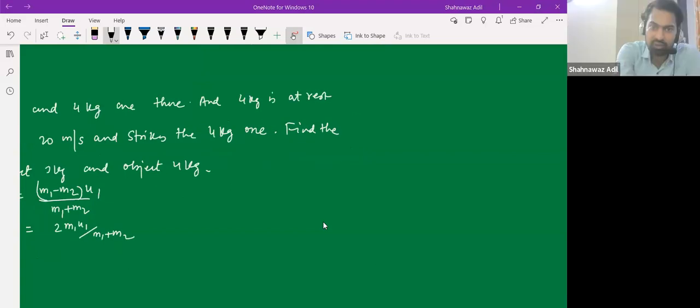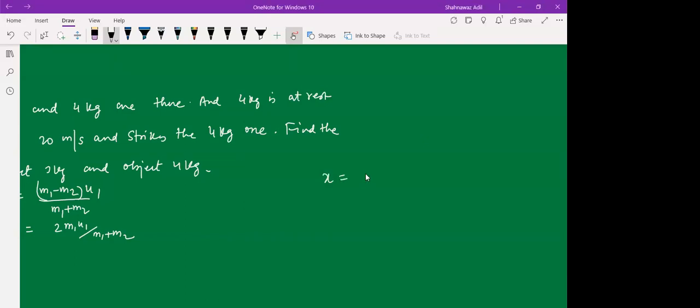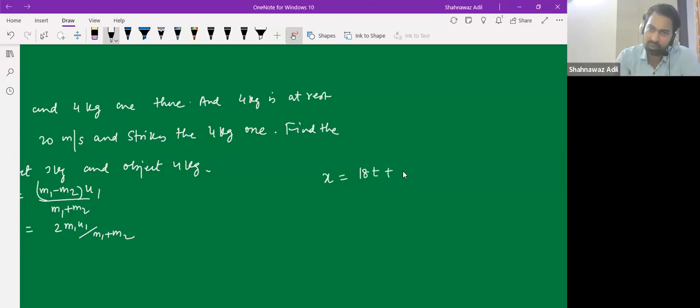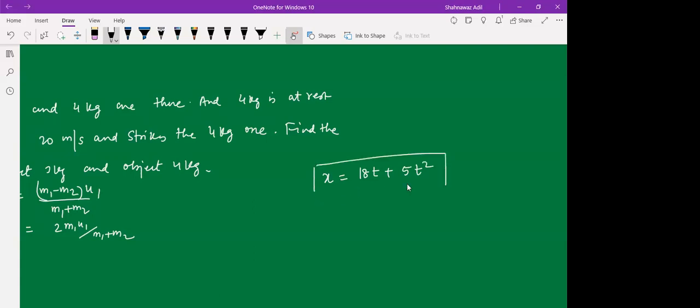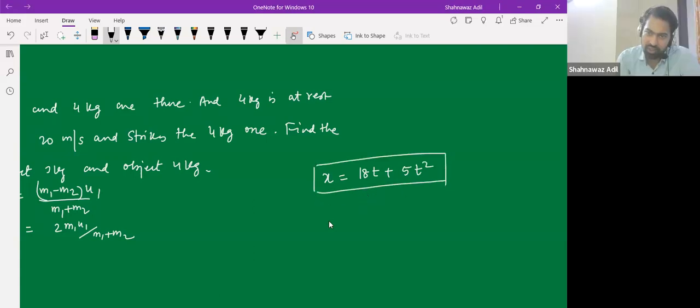The displacement of a particle is given by, calculate. This question we did so many times. So 18t plus 5t square, right? So 5t square. So we know that what is the instantaneous velocity? That is dx by dt, right?